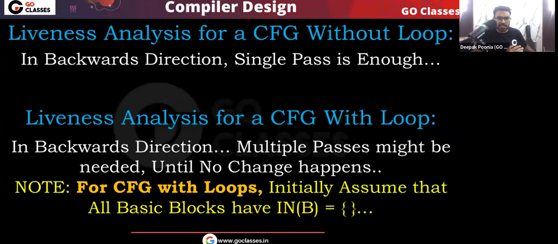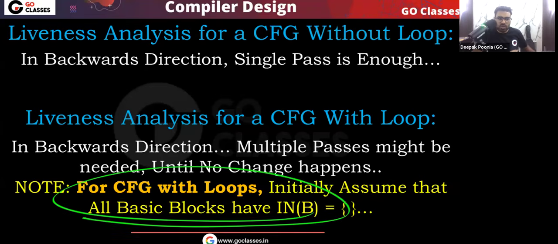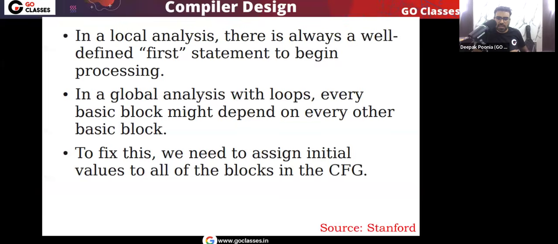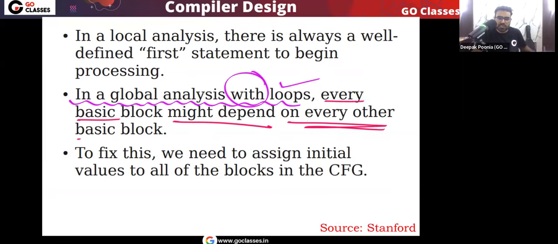Remember, for a CFG with loop, initially we will assume that all the basic blocks have in of b equal to the empty set. This paragraph is also written in the Stanford notes. You can read that when we do live variable analysis for a CFG with loop, every basic block might be dependent on every other basic block.